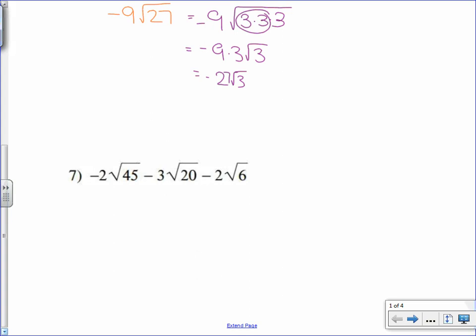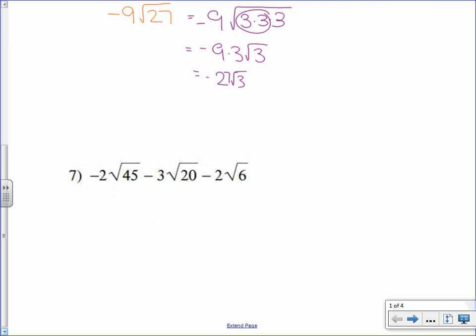Coming down to number 7, I think I talked about this one in class. Looking at it right now, none of them have the same radicand. They all have the same index. They all have an index of 2, but none of them have the same radicand right now. But 45 and 20 can be broken down. So we need to simplify what's under the radical and then see if we can combine any.